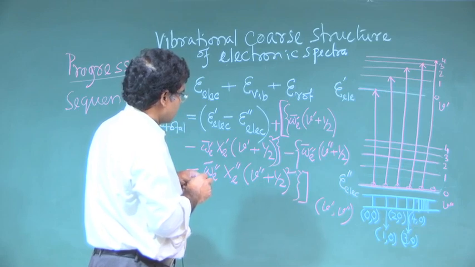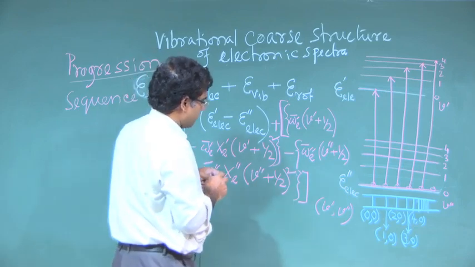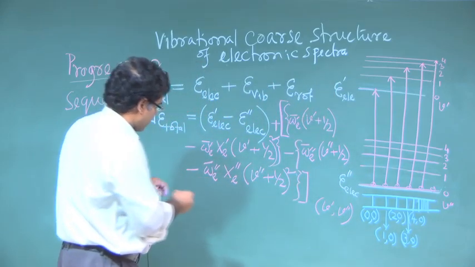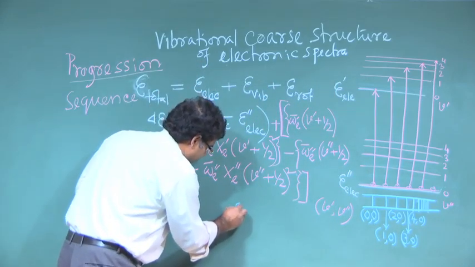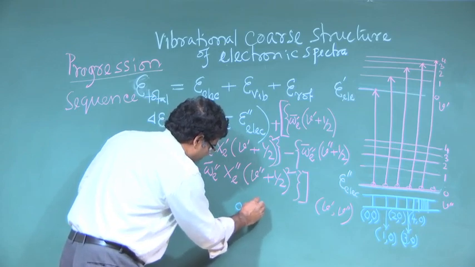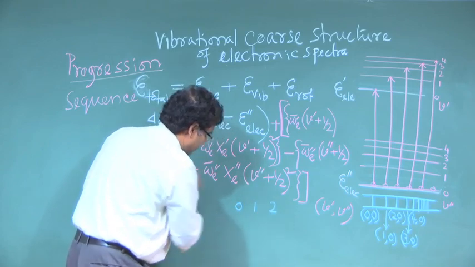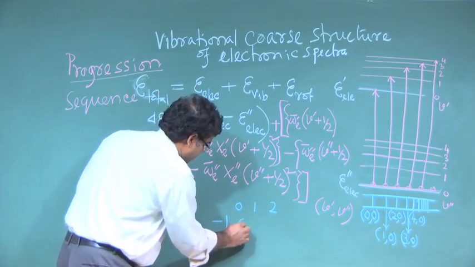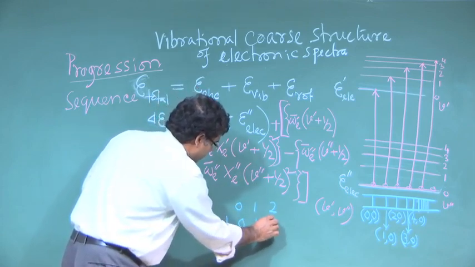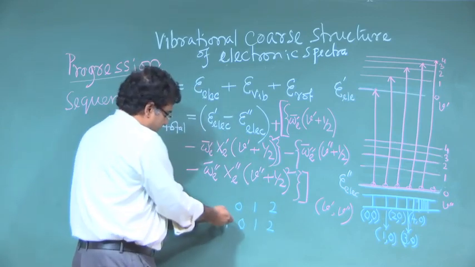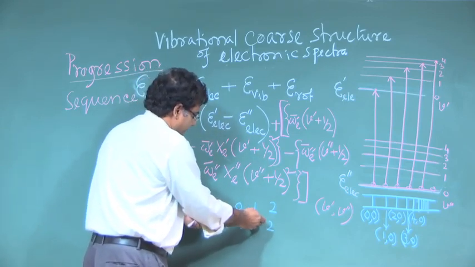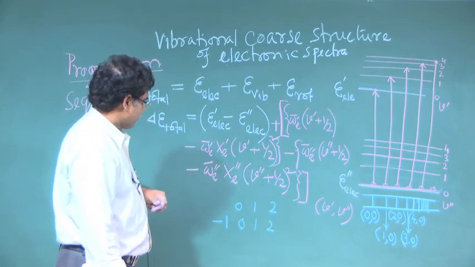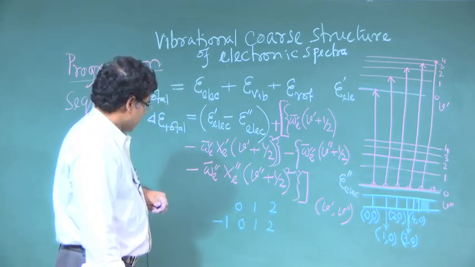The difference will be like this, either 0, 1, 2, or -1, 0, 1, 2. So these are as if following a sequence. Okay, sequence.